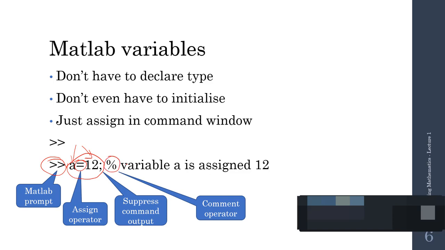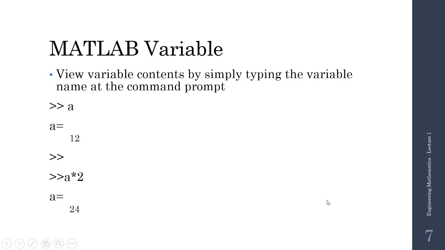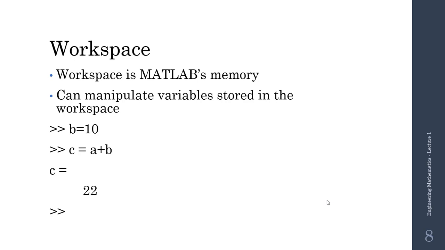Matlab will not calculate this part. It will understand this as a comment. And we can see variable contents by simply typing the variable name at the command prompt. Just now we did these calculations. Workspace is Matlab's memory. You can manipulate variables stored in the workspace.